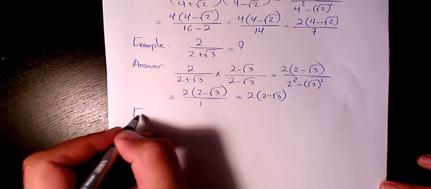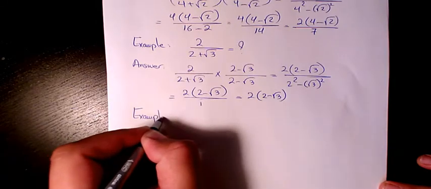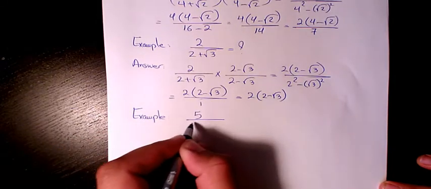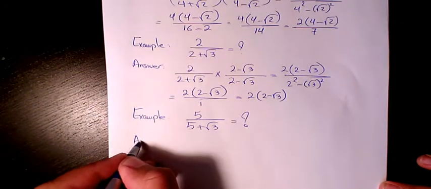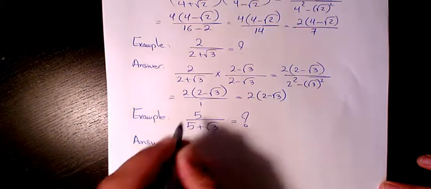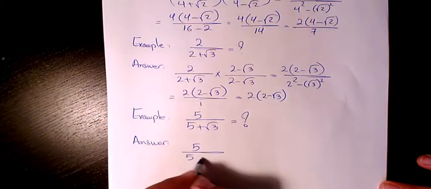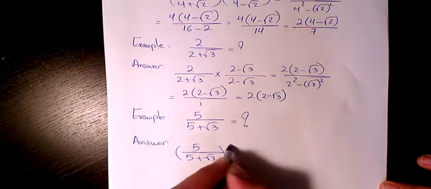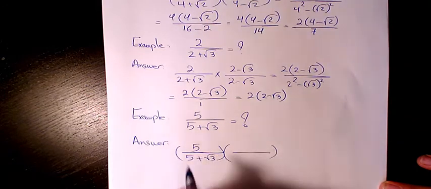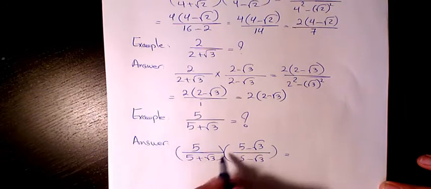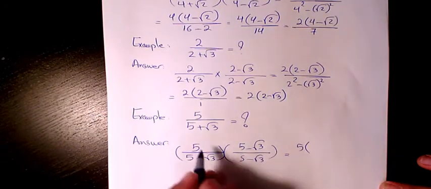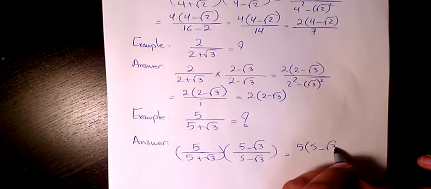Next example, we have 5 over 5 plus root 3. Answer is 5 over 5 plus root 3 multiplied by the conjugate of the denominator, which is 5 minus root 3, 5 minus root 3. So then when you multiply, it's going to be 5 times this expression.